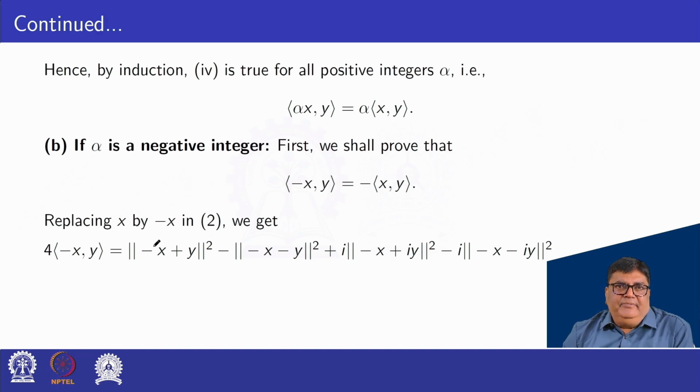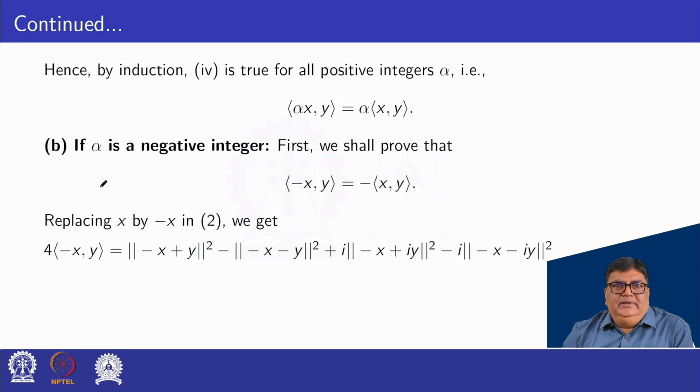Replacing x by minus x in the polarization identity given in equation 2, 4 into inner product of minus x, y equals norm of minus x plus y squared minus norm of minus x minus y squared plus i norm of minus x plus iy squared minus i norm of minus x minus iy squared.